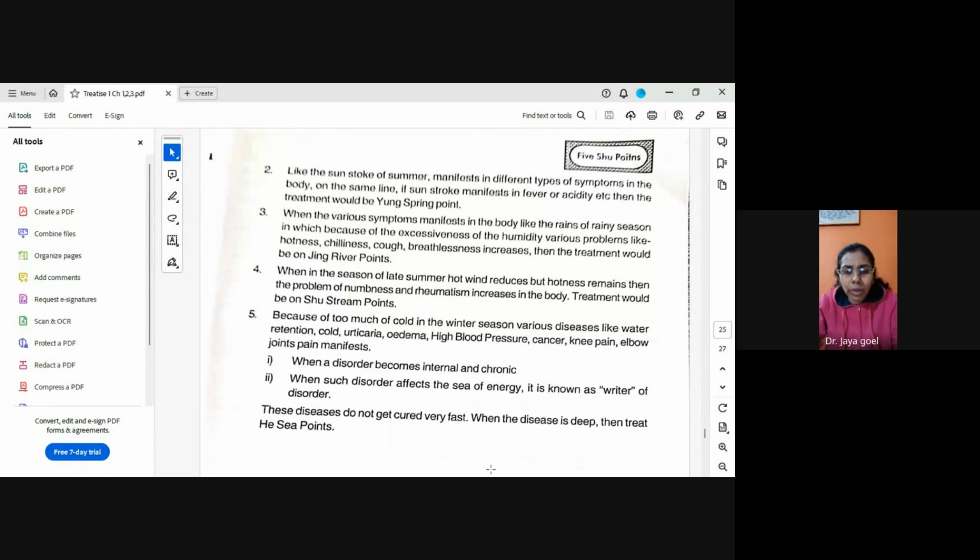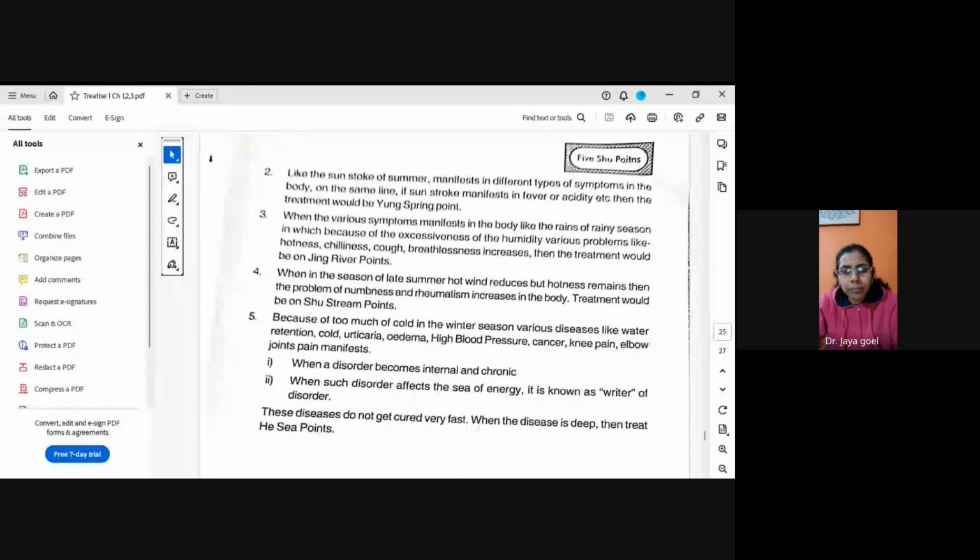Any query on this five Shu point? Next we come to the synopsis. Next is the chart. We have a chart on pages 26 and 27.